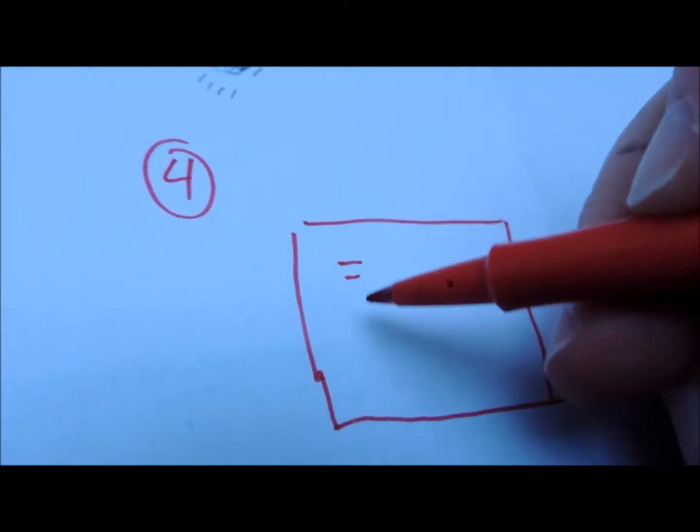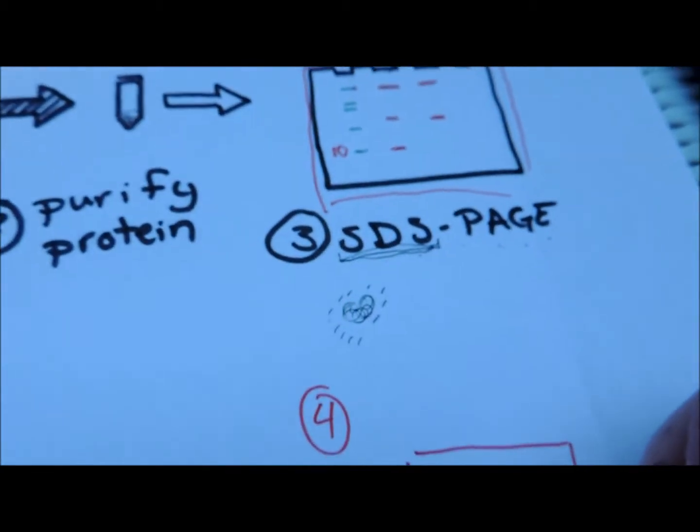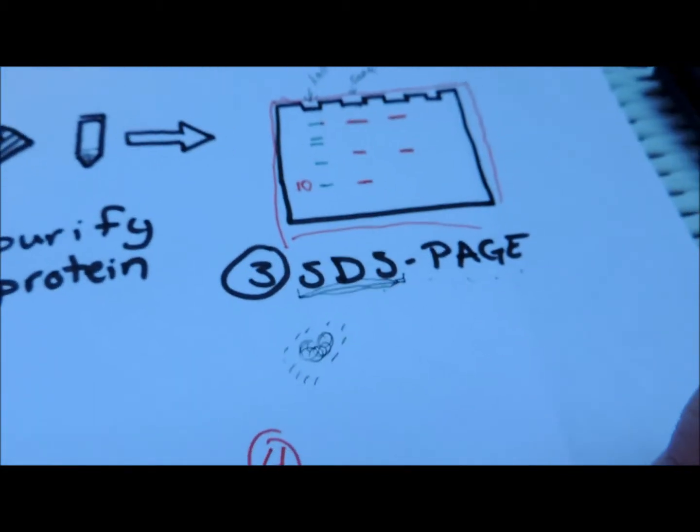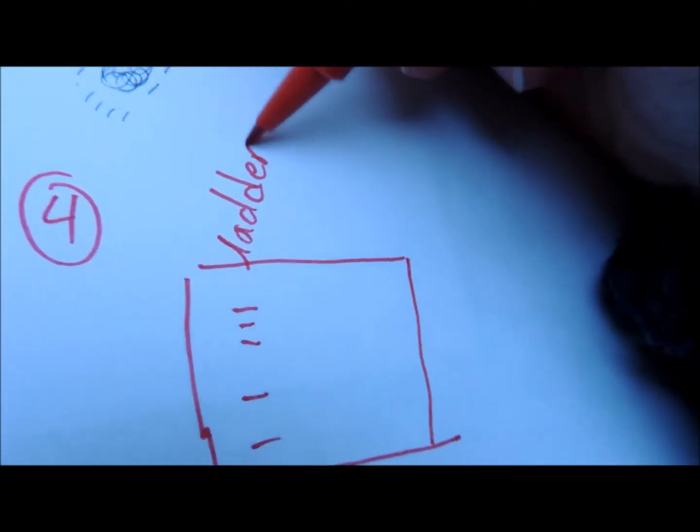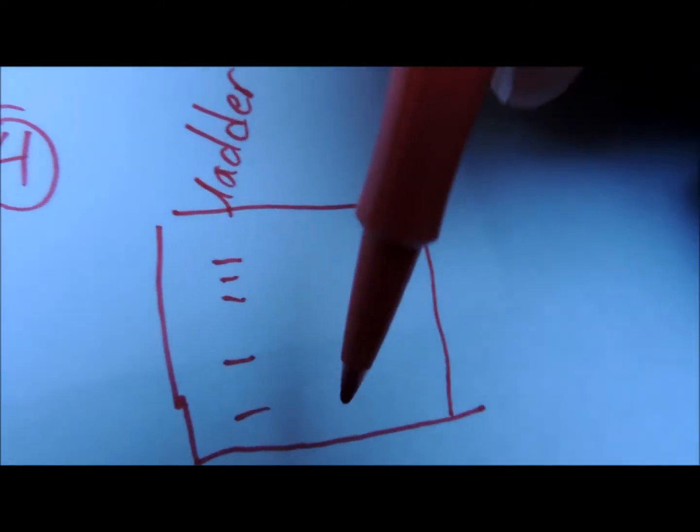You'd be able to see the ladder. What did I put my ladder as? Something like this. Close enough. You'd be able to see your ladder. But you wouldn't see anything in the areas where you ran your sample.